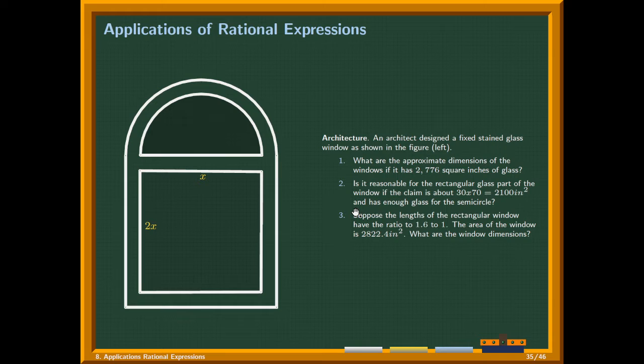First is to know what are the approximate dimensions of the windows if it has 2,776 square inches of glass.